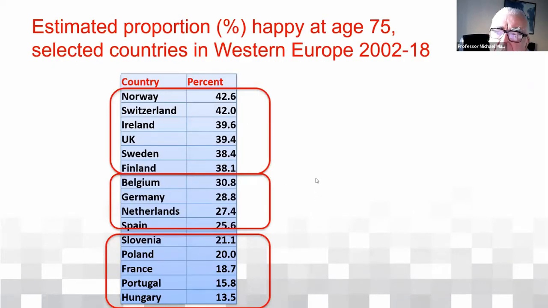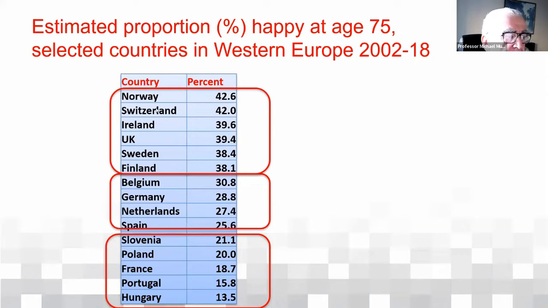This shows the countries that are involved in here. This shows the proportion deemed as happy in the survey. Happiness is measured on an 11-point scale, and we define those as happy as being in the 2 top categories of that scale.